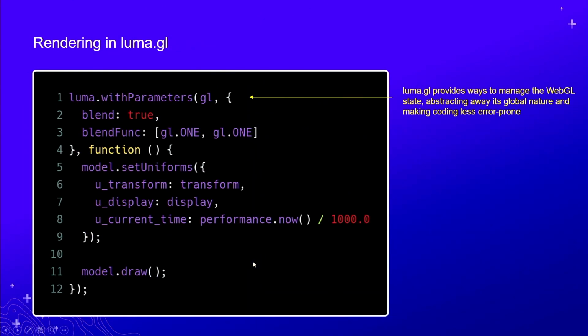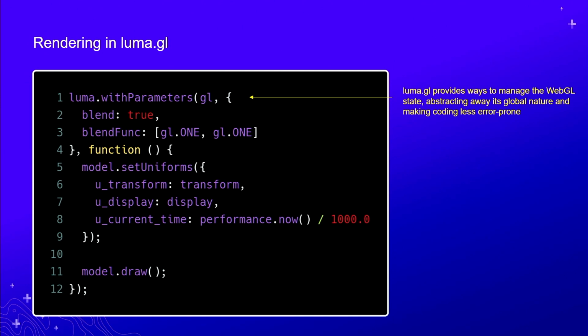One of the nice things about luma.gl is that it abstracts away some of the WebGL details, in particular the global nature of the WebGL state, and it makes writing code easier and less error prone. In this snippet, we call the luma withParameters method in order to set up the WebGL state to something that will make this model render properly.